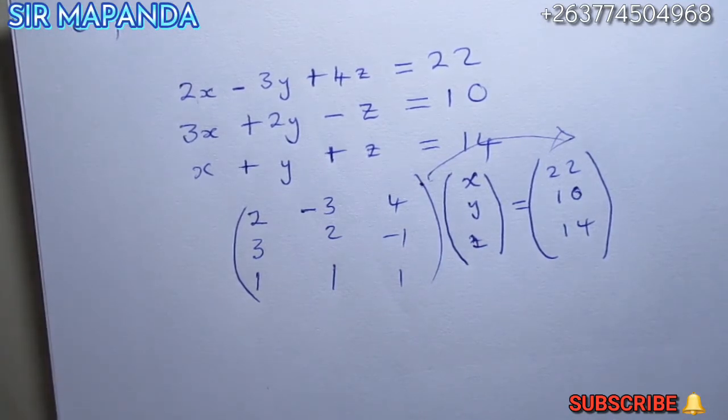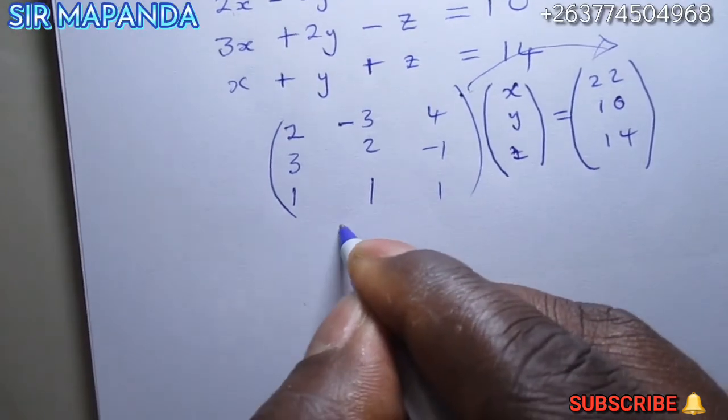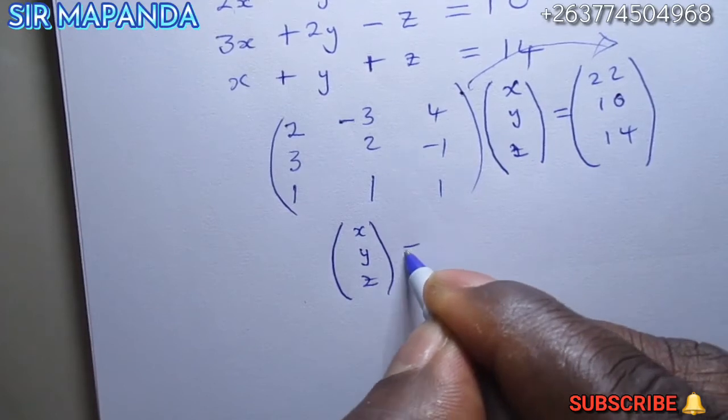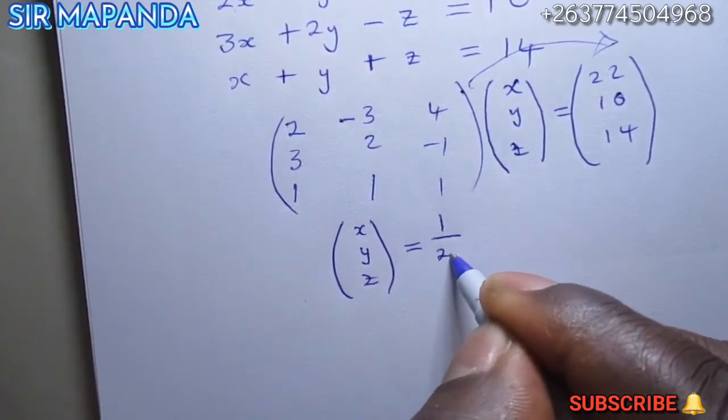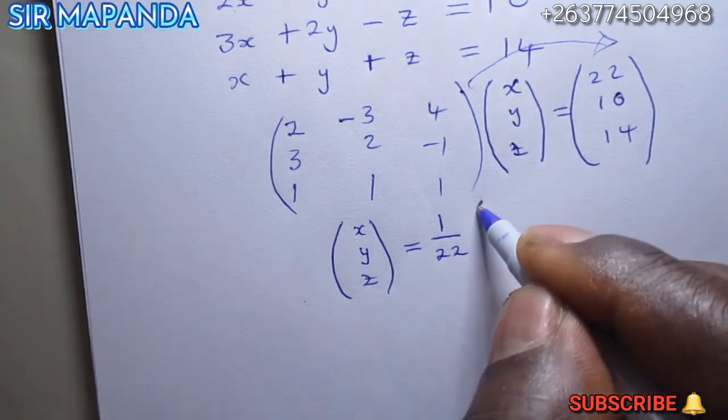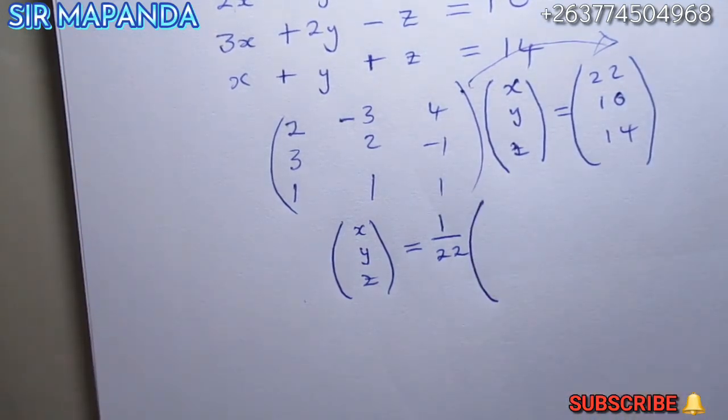I hope you are following. So in simple terms, x, y, and z are going to be found by multiplying that column matrix, which is 22, 10, and 14, by the inverse that we obtained in the previous part. I hope you are following.